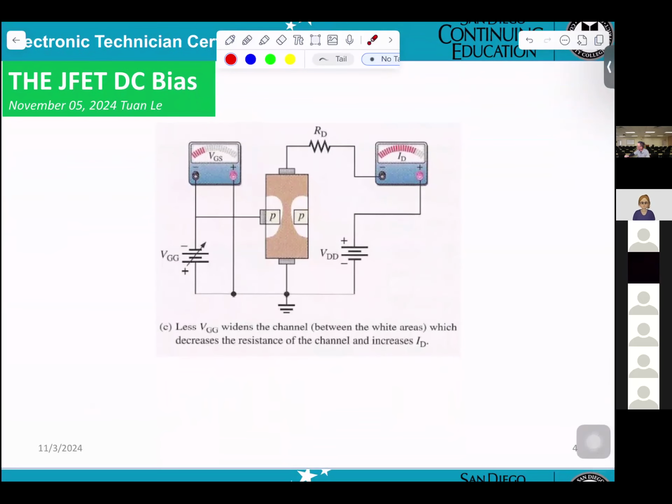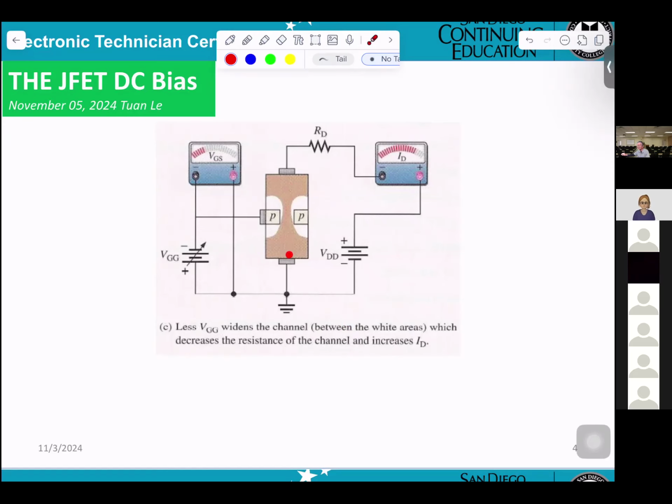Now on this one, let VGG, that means the voltage here, widen the channel between the Y area here. That means it will be wider.